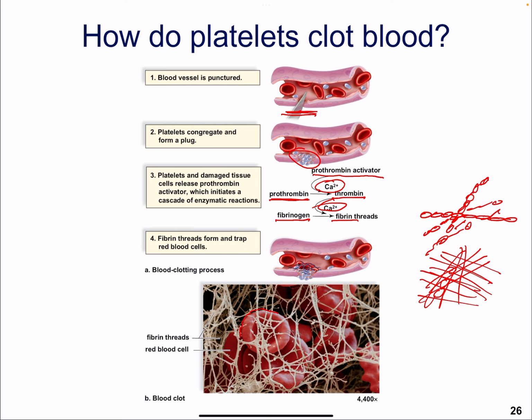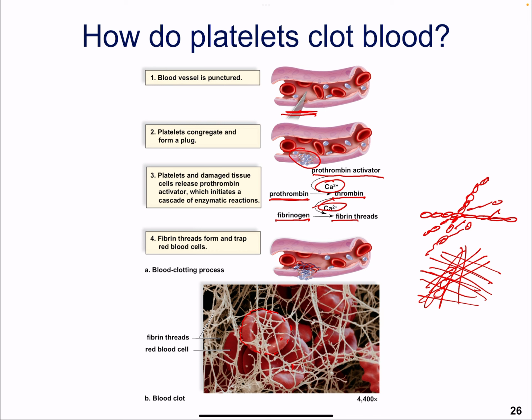So you see the blood cells are so large, and the network of fibrins is such that the red blood cell cannot go through. And this is how blood clotting occurs, and this is how you stop bleeding, right? Because this red blood cell cannot go across, you are not going to keep bleeding.